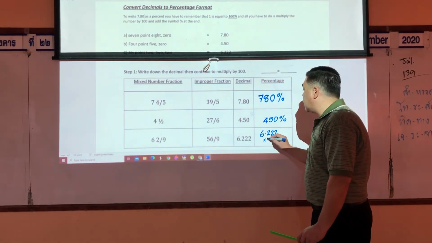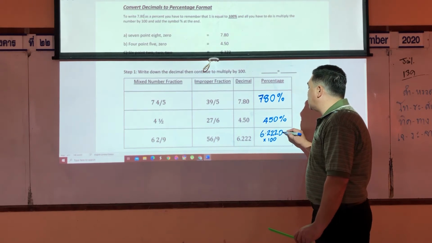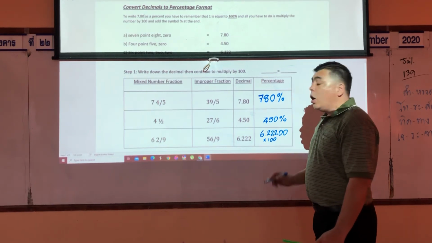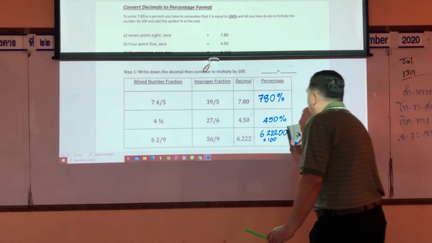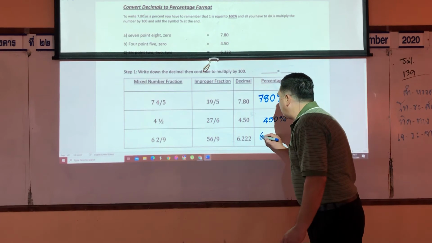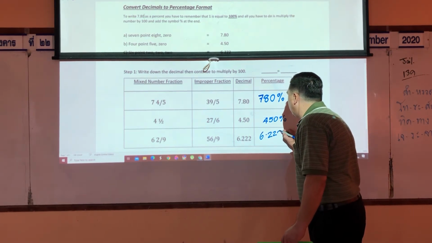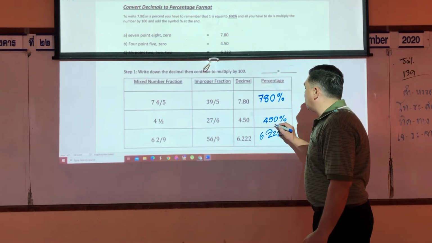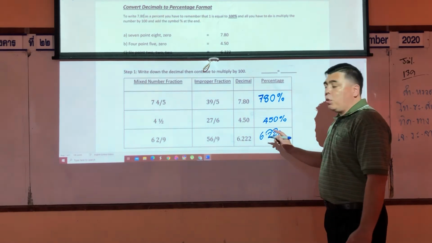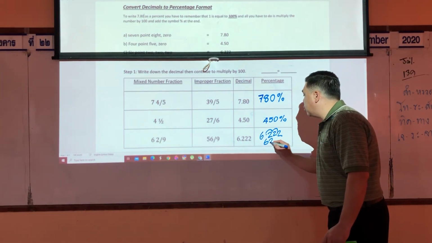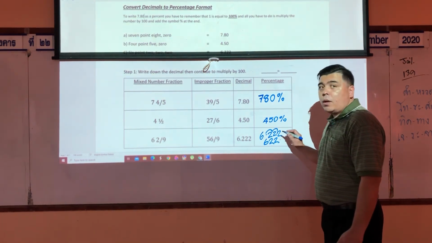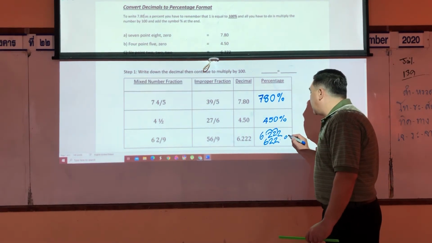So, again, we will just do it the way we did with A and B. 6.222. All we do is jump 10, 100. So our decimal point will now be after 622, and our point would be here, but we are using percent.